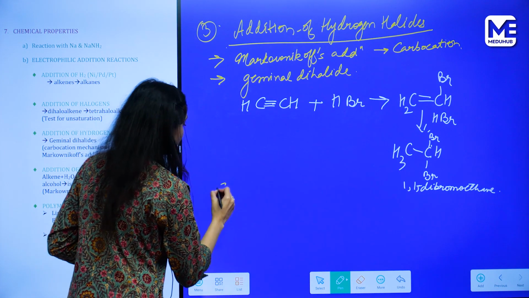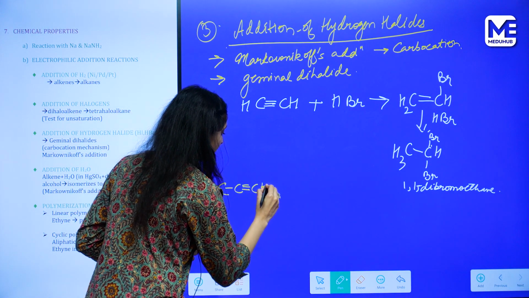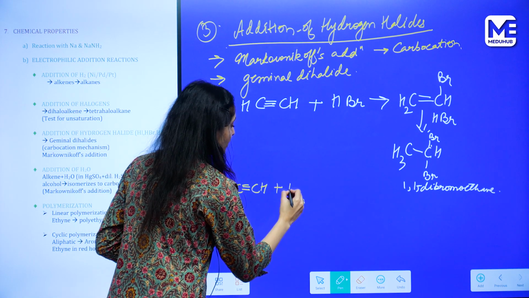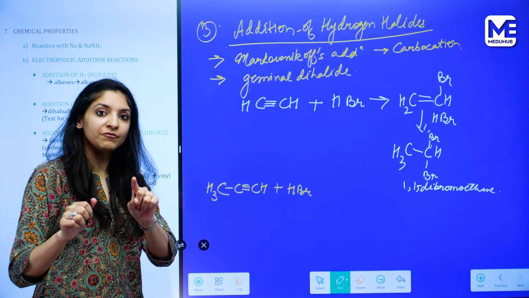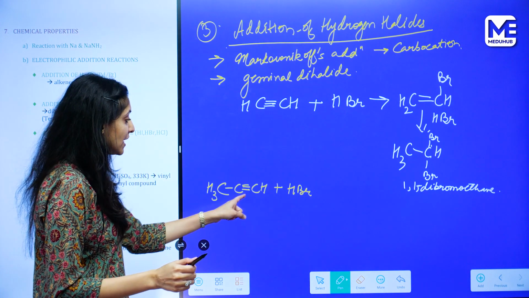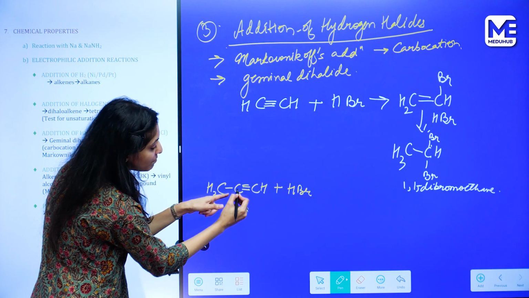Similarly, if we have propyne, triple bond CH, it adds on HBr. Markovnikov's rule is followed, and the negative part of the addendum goes to the carbon atom having less number of hydrogen. So this Br will get added on to the middle carbon here.